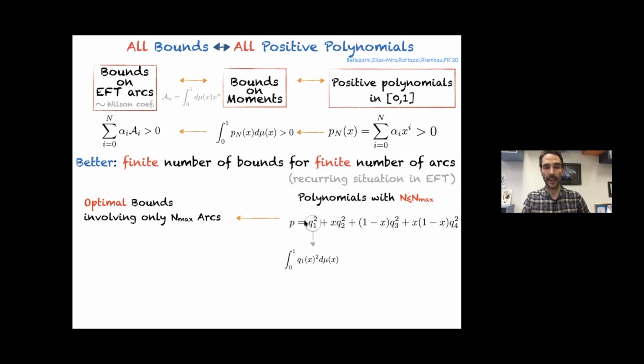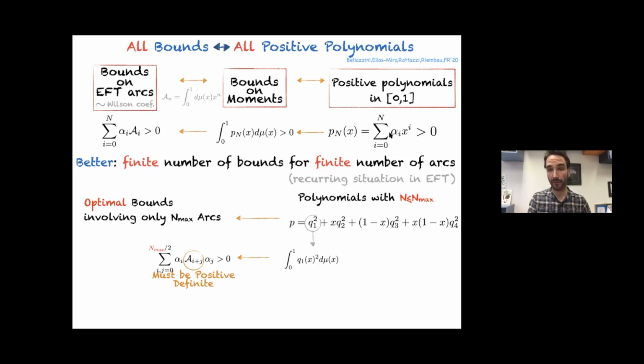So Q1 squared, we put it into our measured distribution. Q1 is a generic polynomial, which we can write like this, but not necessarily positive. And it gives me a condition on the arcs, that the sum of alpha i, arc i plus j, times alpha j must be bigger than 0, for alpha i and alpha j completely arbitrary now.